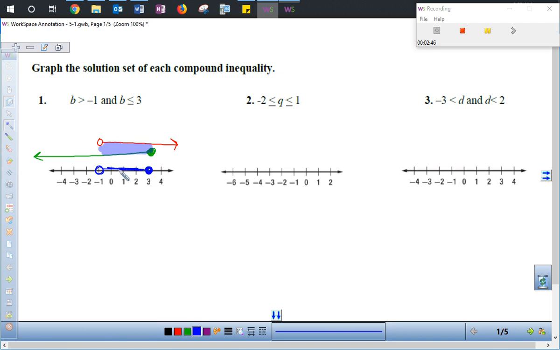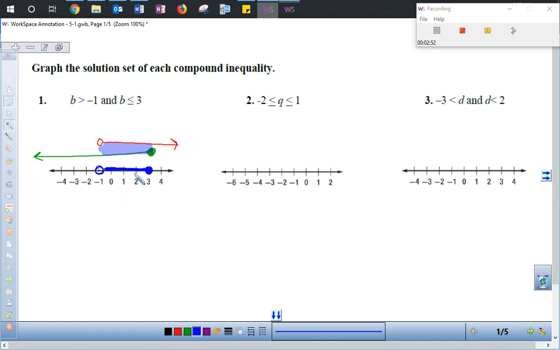So there's no arrows showing that this goes on forever and ever like we did in the past one. These are the numbers that are true with this statement. So I need a number that's greater than -1 and at the same time less than or equal to 3. Notice -1 has an open dot. So if I were to actually choose -1, it wouldn't meet the criteria because it's not greater than -1.